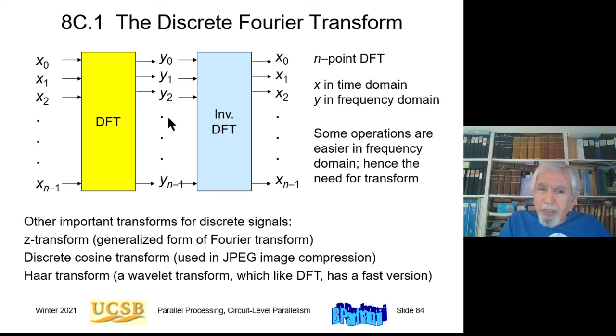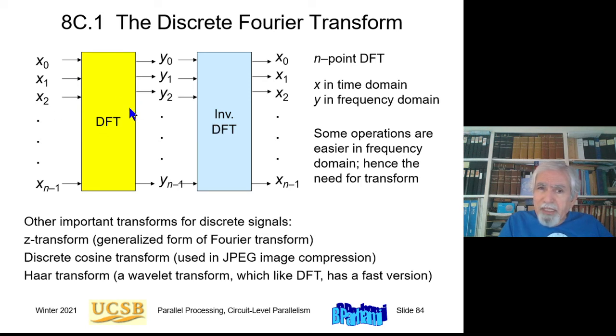For reasons that will become clear shortly, this is known as the time domain signal or input. This is the frequency domain signal or output. And then inverse DFT converts these numbers back to the original input. So we have DFT and inverse DFT.